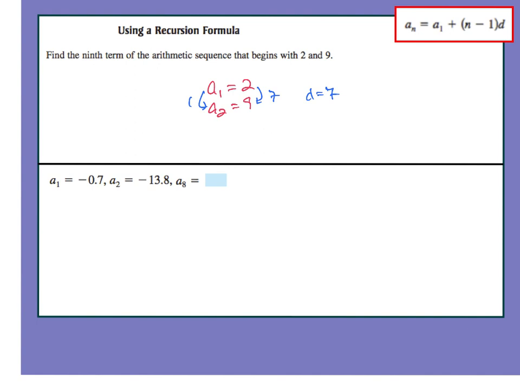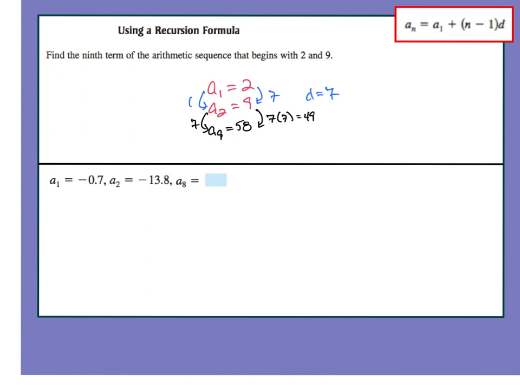So then, if I need to find a sub 9, how many terms would I go? I'd go 7 terms. All right. So then I do 7 times 7, which is 49. So 9 plus 49 is 58. All right. That is one way to do it.